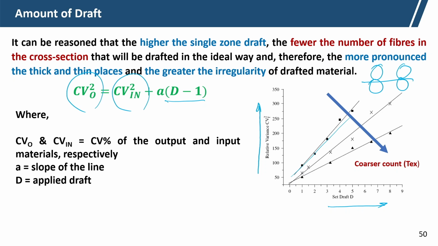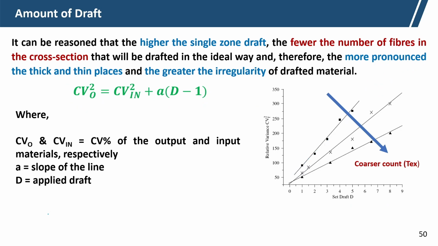So, with the increase in set draft, the sliver relative variance, that is the irregularity, increases, and that is the same for all counts, finer count and coarser count.